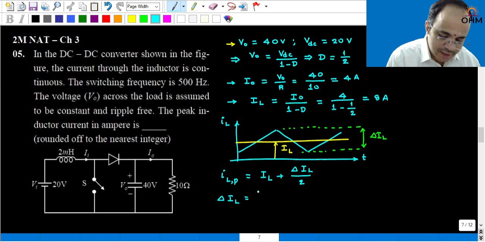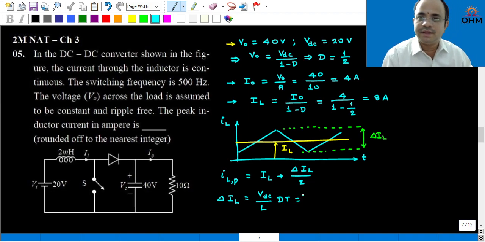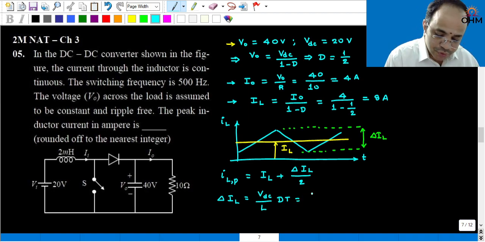Expression for delta IL in boost converter is VDC by L multiplied with D into T. Source voltage is given 20 and inductance value is given 2 millihenry, 2 into 10 power minus 3. Duty cycle ratio is 1 by 2.